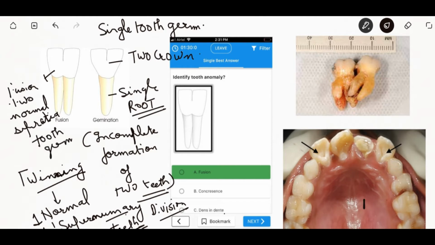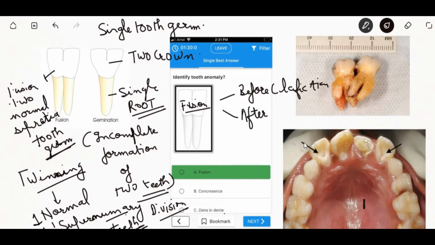If this contact occurs early, before calcification begins, the teeth may be completely united to form a single large tooth. And if the contact occurs later, after calcification, then there will be union of the roots only. Fused teeth may have separate root canals, and the condition is common in deciduous as well as in permanent dentition. Fusion is more common in deciduous than in permanent dentition.